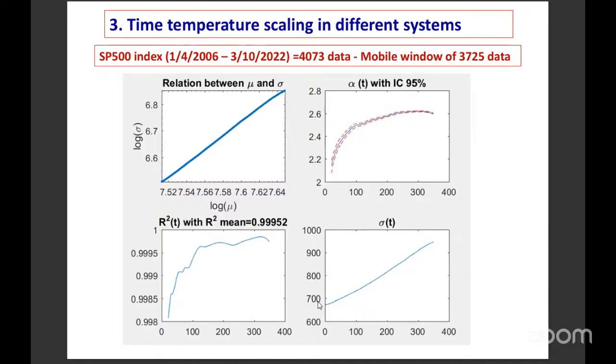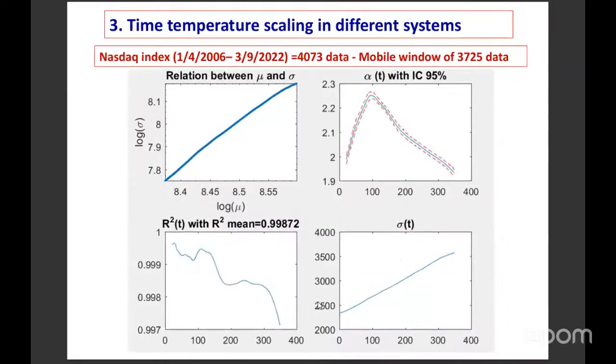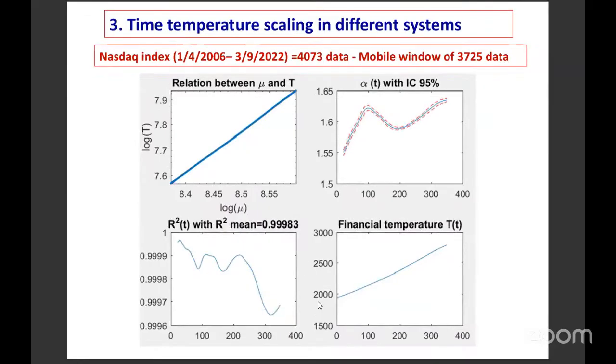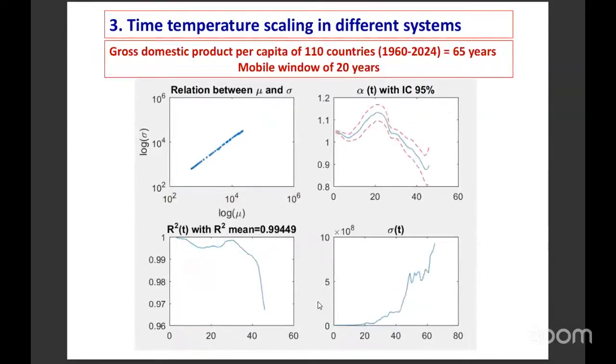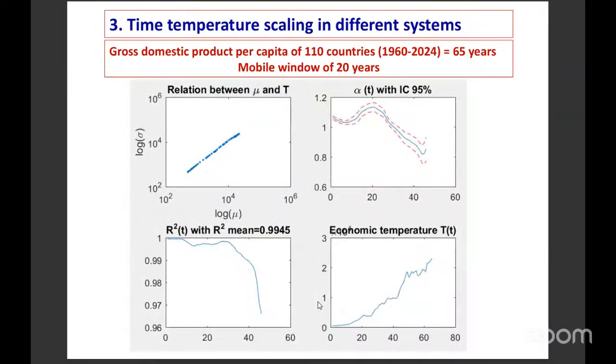But in the case of the economic system, the temperature of complex systems for this financial time, the financial systems, we've called financial temperature. But in this example of an economic system, the temperature of the complex system, we call this temperature as economic temperature.